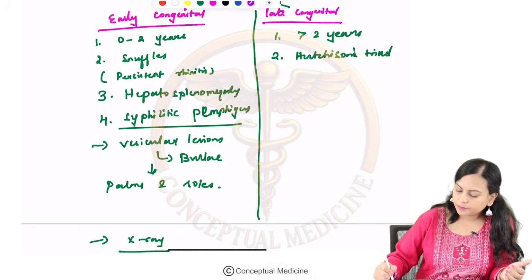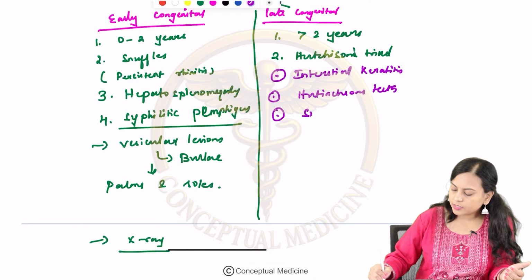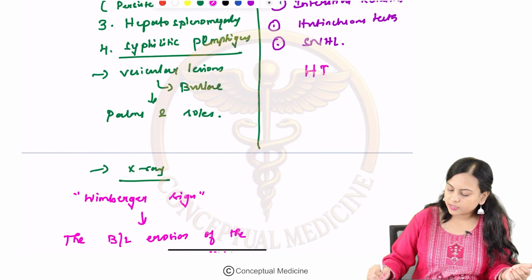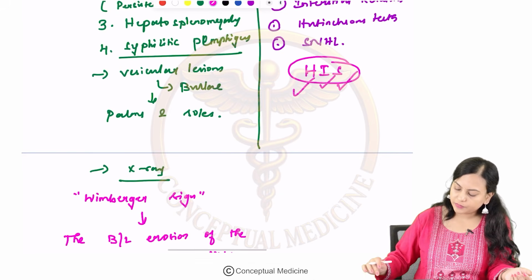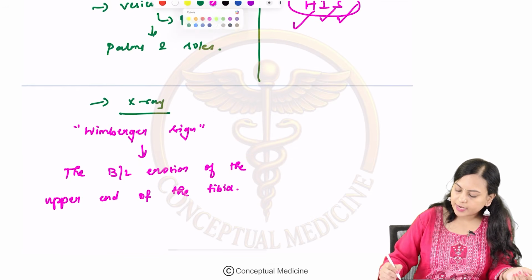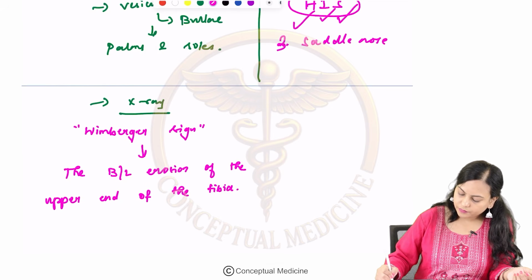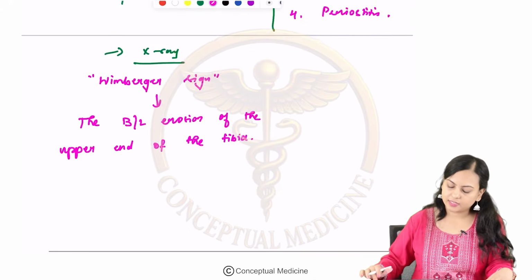So, that includes interstitial keratitis, then Hutchinson's teeth, and also sensory neural hearing loss. Okay, a simple acronym for this is HIS. So, it is Hutchinson's teeth, interstitial keratitis, and sensory neural hearing loss, right? Okay, and there can be saddle nose or periostitis. Clear? Yes.